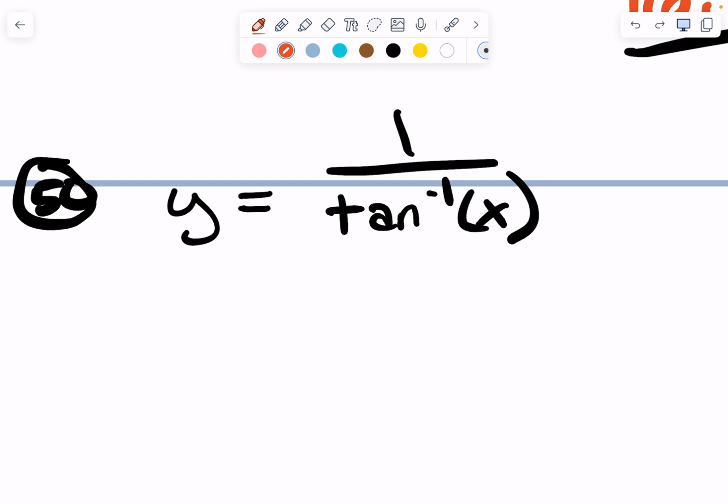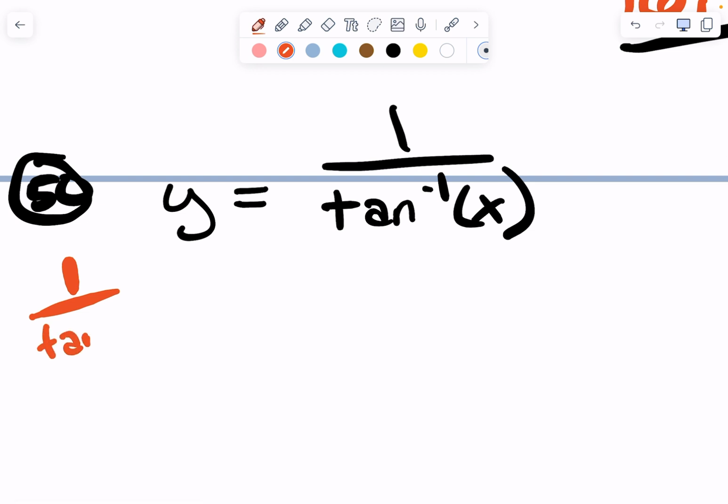What's 1 over tangent? What's 1 over tangent x equivalent to? Sine x? No. Cosine x? No. You're getting warmer. What's 1 over tangent?